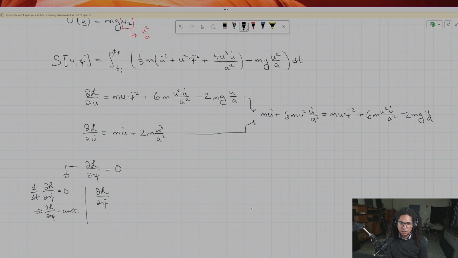So my Euler-Lagrange equation is m times 2 m u u dot psi dot plus m u squared psi double dot is equal to a constant. Sorry, is equal to 0, or m u squared psi dot is equal to a constant.